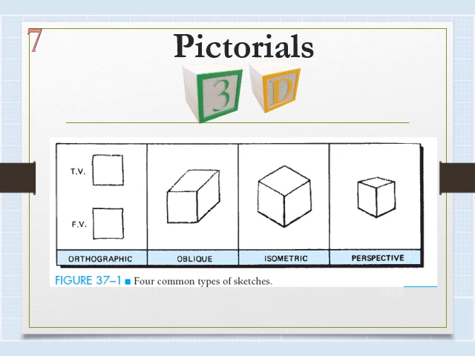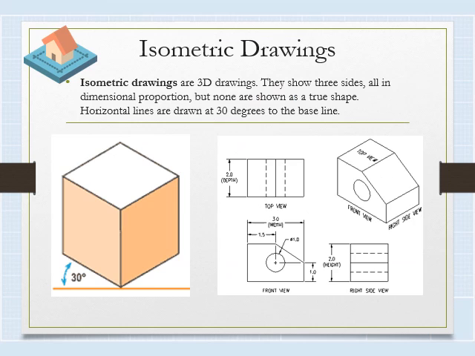Second part in lesson 7, we looked at pictorial drawings. So lesson number 1, we covered orthographics, front view, top view, right side view. But in lesson 7, we learned about 3 types of pictorial drawings: oblique, isometric, and perspective. In an isometric drawing, an edge faces you, and the receding lines go back at 30 degrees.